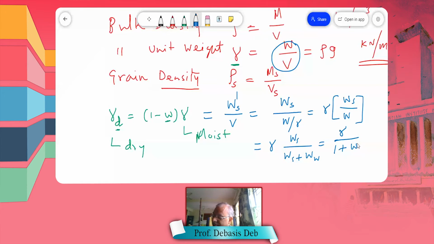Or this can be written as gamma into 1 plus w to the power minus 1. So, if you ignore the higher order terms, this can be written as this. Everybody got that?